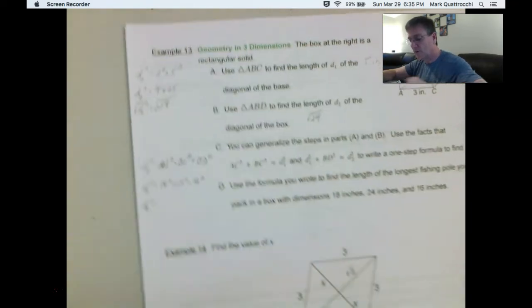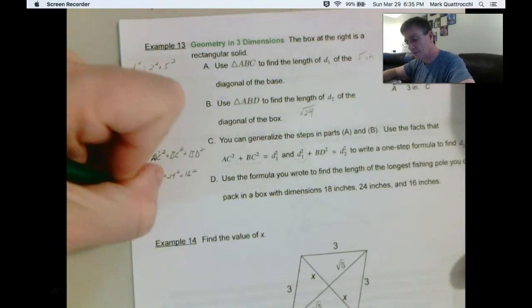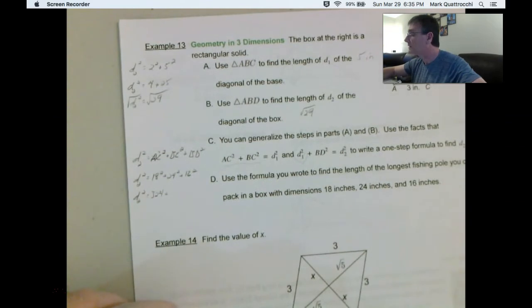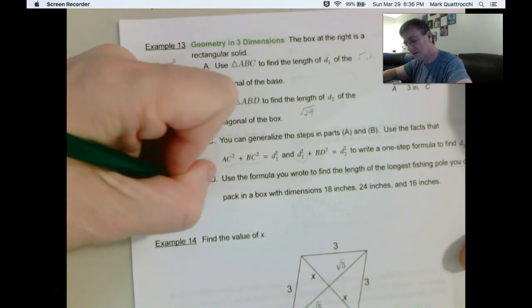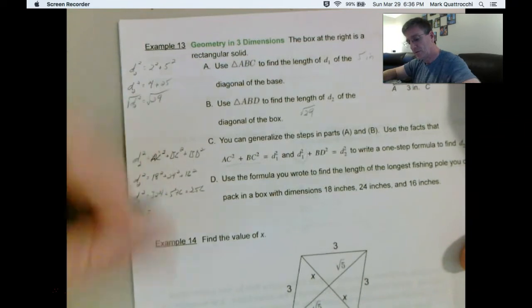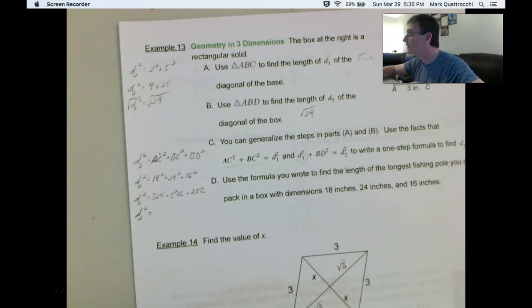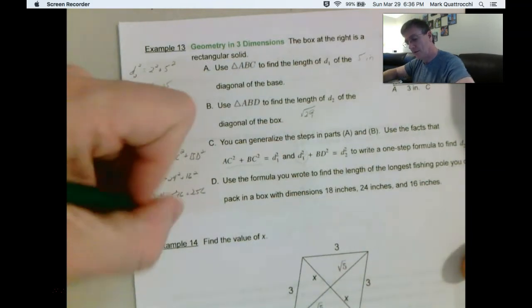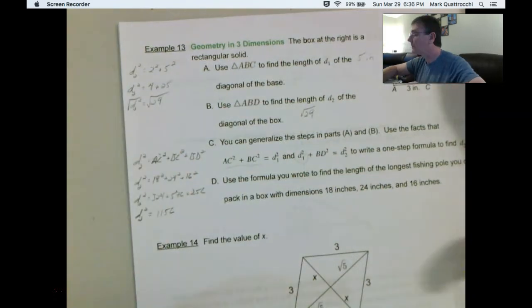D2 squared equals 18 squared, 324, plus 24 squared, 576, plus 256, equals 1,156.